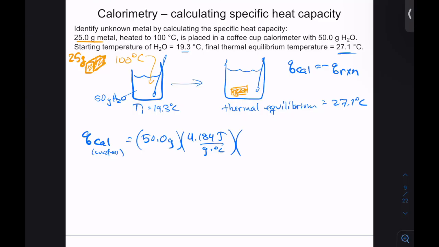So T final is 27.1 degrees Celsius minus T initial, which is 19.3 degrees Celsius. 7.8. And it's a positive 7.8 degrees Celsius because we're paying attention to final minus initial. So we can calculate that's going to be some energy.